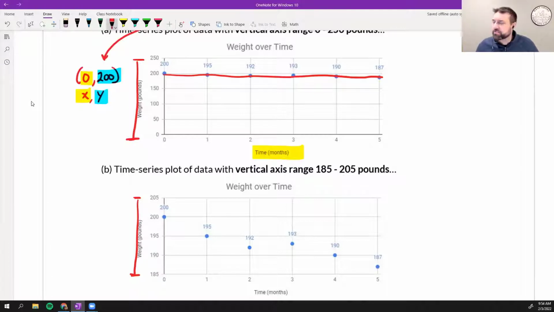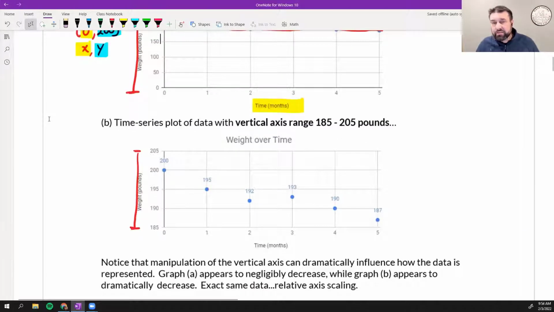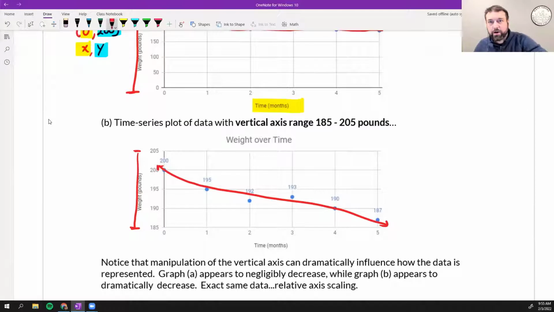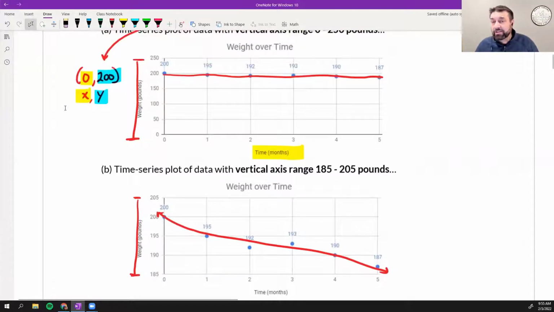On the other hand, if you were manufacturing a super diet pill, you would want to use the second graph. Exact same data, but the second graph is scaled differently to accentuate the difference between the initial weight and the final weight. It looks like it's going down more dramatically than in the top graph. So just always be aware of that scaling, okay?